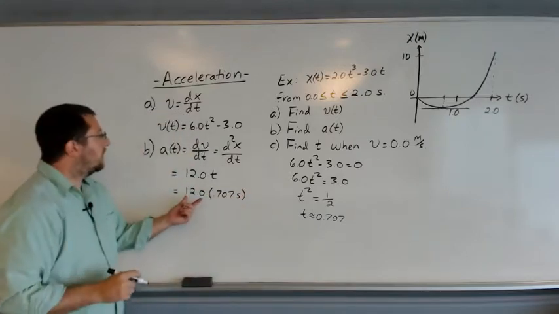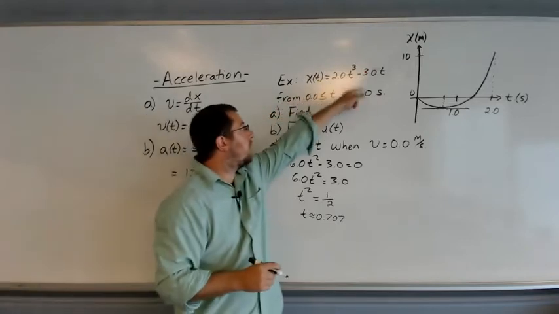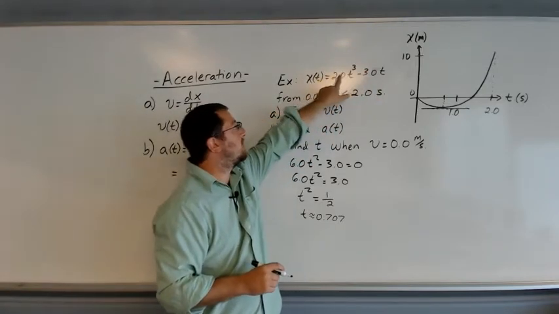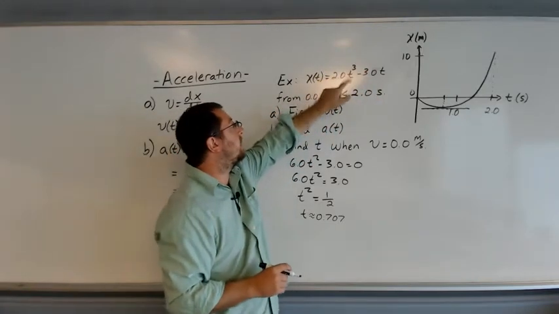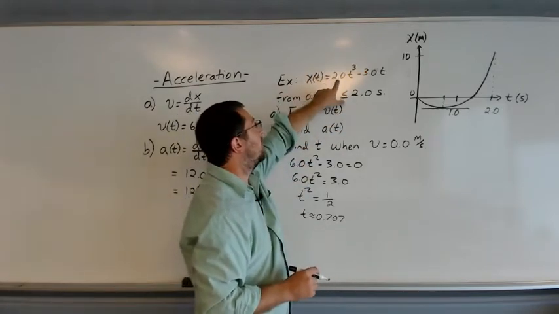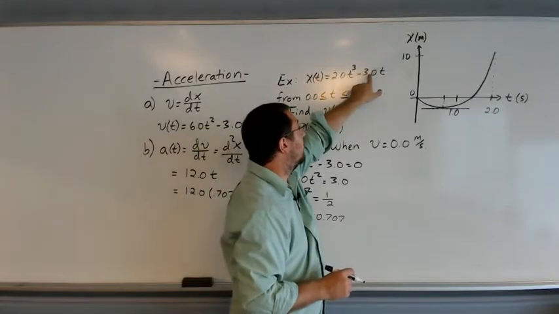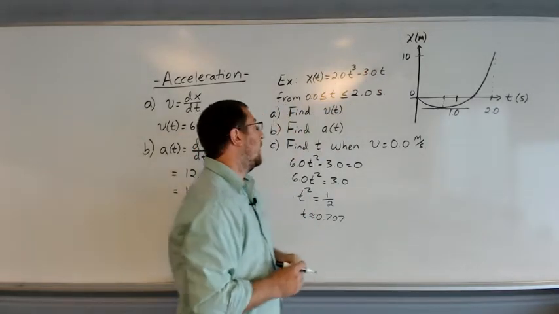And again, I should say something about units, okay? We're going to assume that all of our units are appropriate such that this 2.0 has the appropriate units to come out to meters. So this would be meters per cubic seconds, and this would be meters per second, okay?